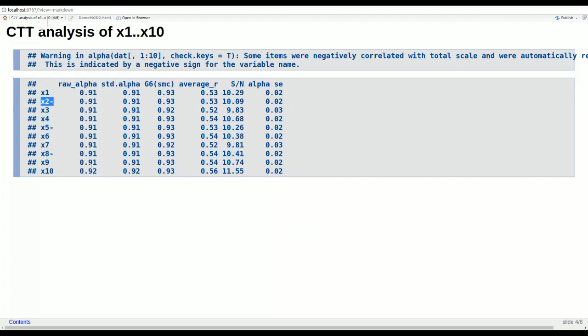And it looks like the overall alpha of this is going to be somewhere around 0.92. I do have a specific estimate of it, but these are all alpha values if those items were deleted. With only 10 items, you know that for every single one we delete, it will adversely affect Cronbach's alpha, because Cronbach's alpha is very sensitive to sample size. Sample size not in the sense that it's the number of observations, but it's the number of items. Very important.